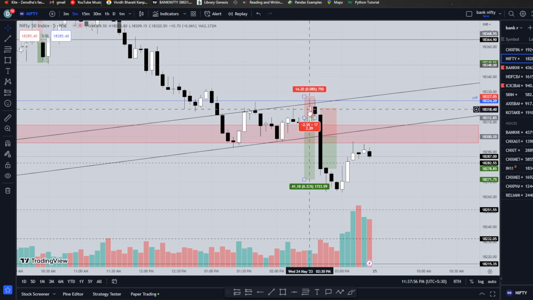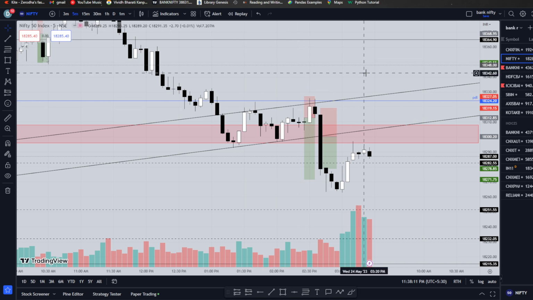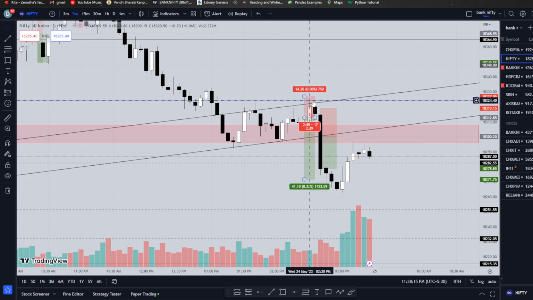I had a better entry, and I took another entry. I had one entry at 36, another entry at 27, and I exited at 26.8. And the low of the options chart, if you see, was 26.75. So the market reversed after taking my SL.